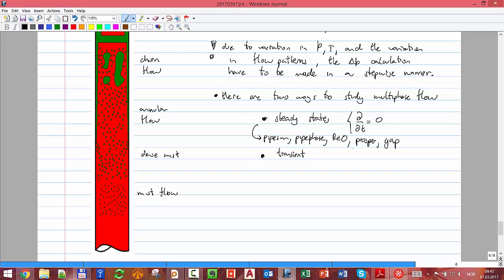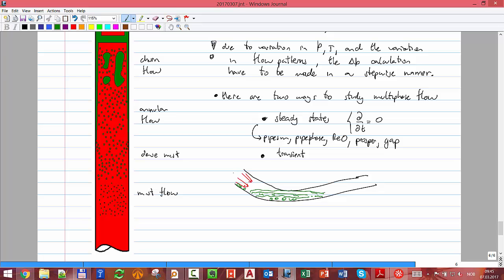But we have some issues that are transient, like I explained before. If you have a transportation pipe that is, for example, carrying some gas with some liquid, the liquid might tend to accumulate in the lower part. With time it's going to accumulate, increase and increase until it blocks the pipe.